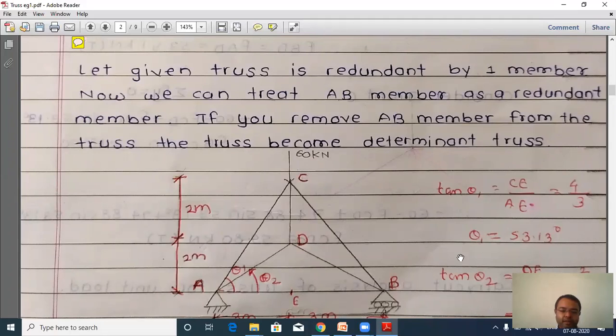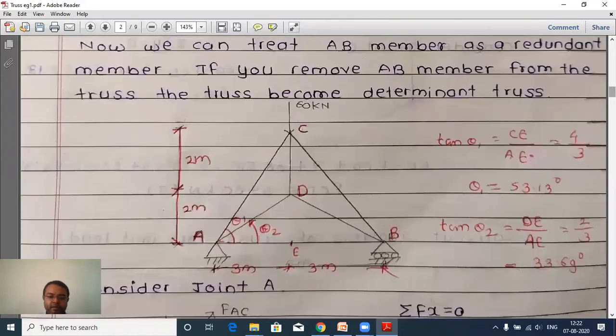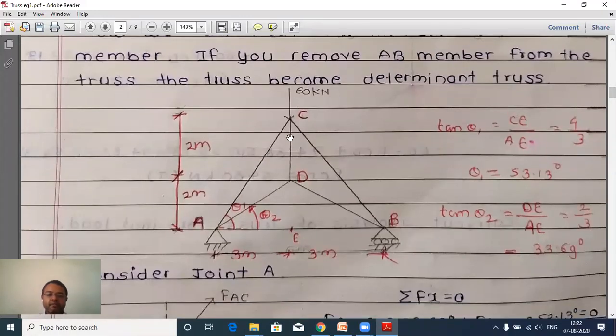While considering P forces, just consider the applied load and remove one member. Here we have removed the member AB. That's why the structure has become determinate. Now we'll find the angles of inclination theta 1 and theta 2.